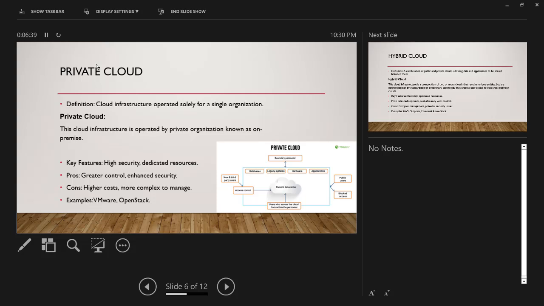They have limited access to you who own your private cloud. Because of high security, people tend to have their own private cloud system. For example, the US government, the FBI system, they prefer to have their private cloud.